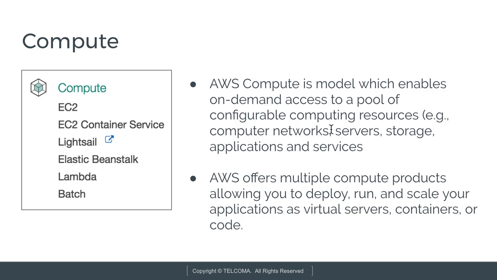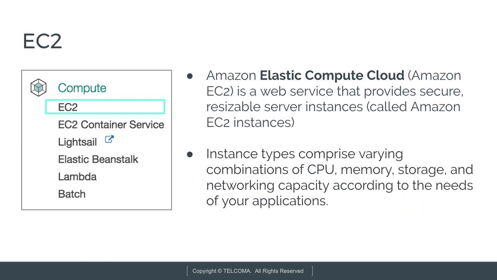The very first compute service is EC2, which is Amazon Elastic Compute Cloud. We call it Amazon EC2. Now what is EC2? EC2 is basically a web service which provides us resizable compute capacity in the cloud.